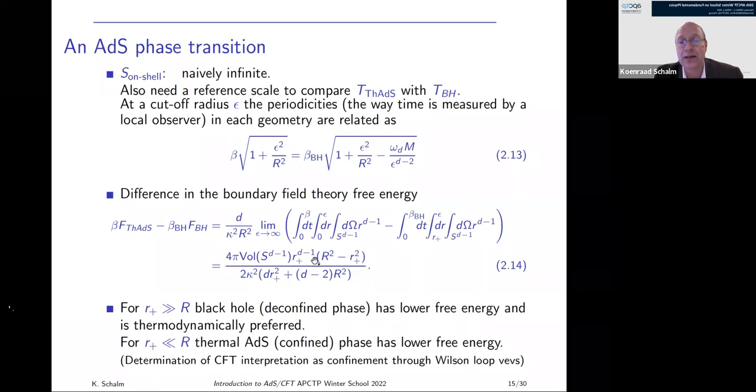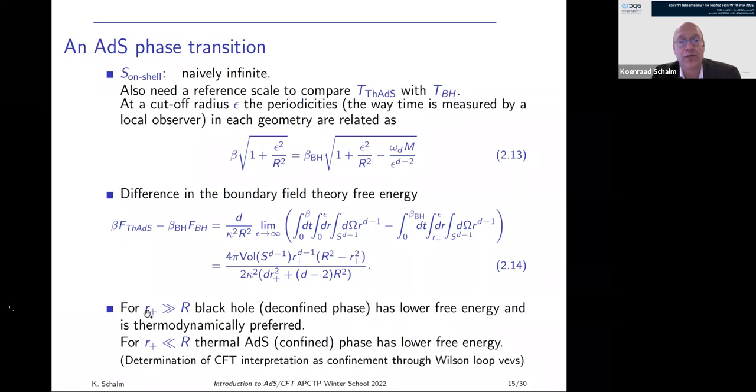The most important part is this term up here, the R ADS radius squared minus the size of the horizon squared, because all the other terms are essentially positive. This term tells you which of the two phases dominates depending on the temperature. Remember that the temperature scales linearly with R plus.